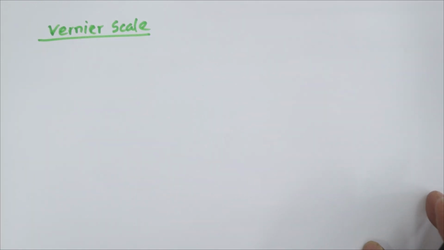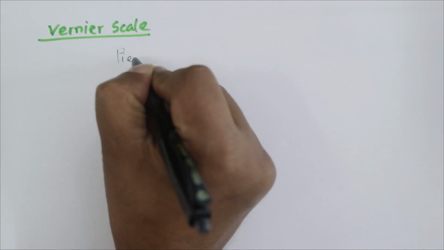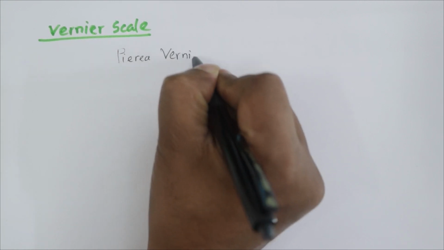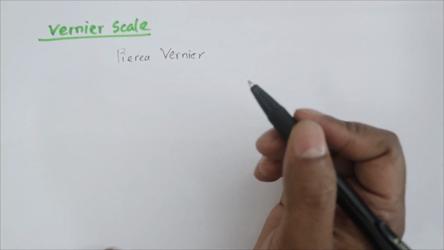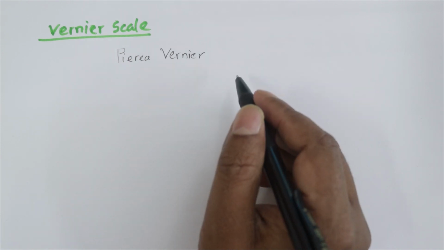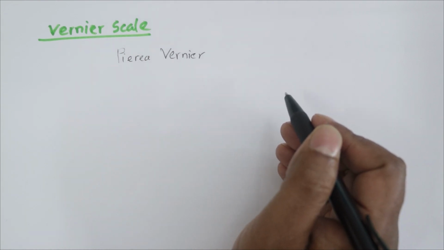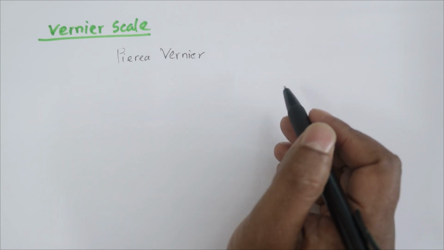The mathematician Pierre Vernier discovered this scale. That's why this scale is known as Vernier scale. So this scale was invented by mathematician Pierre Vernier, and it is called Vernier scale according to his name.